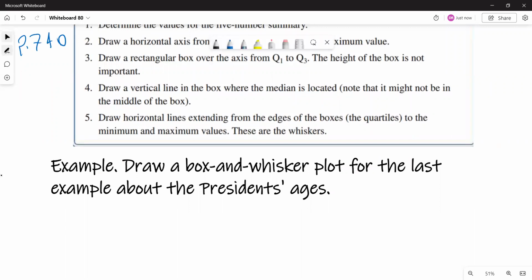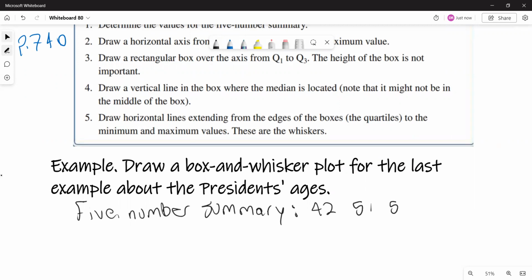The five number summary is 42, 51, 54.5, 60.5, and 70.